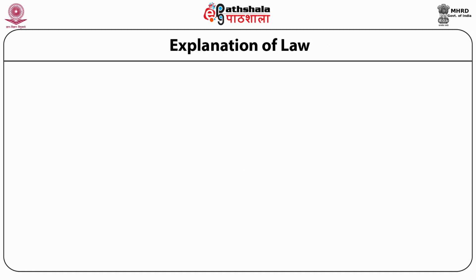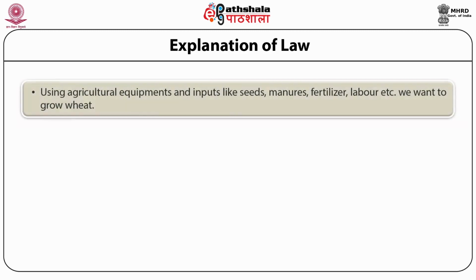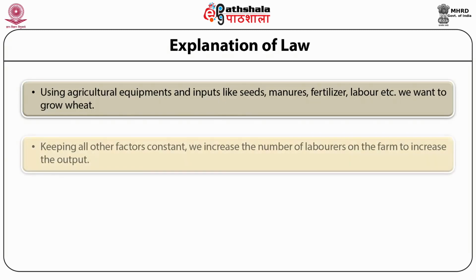Explanation of the law. Suppose we have a farm measuring 1 hectare of land, using agricultural equipment and inputs like seeds, fertilizers, labor, etc. We want to grow wheat. Keeping all other factors constant, we increase the number of laborers on the farm to increase the output.